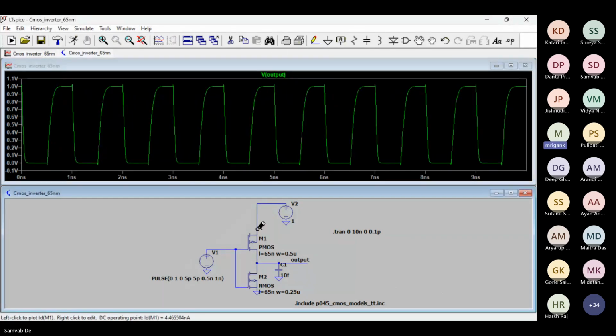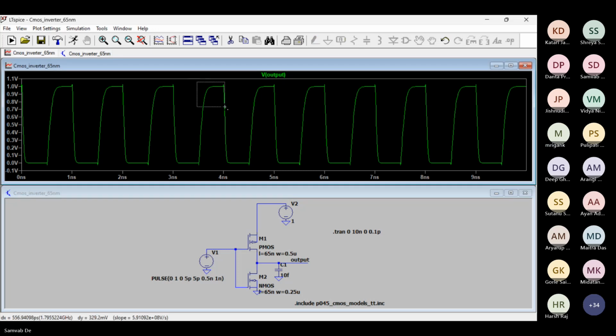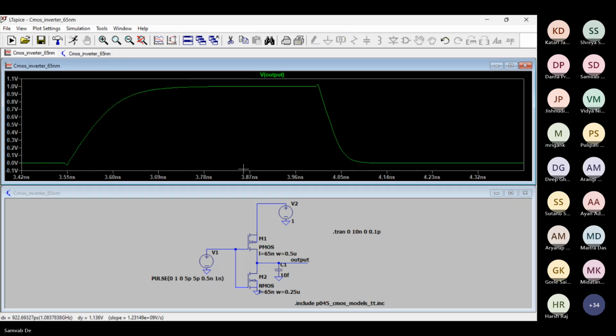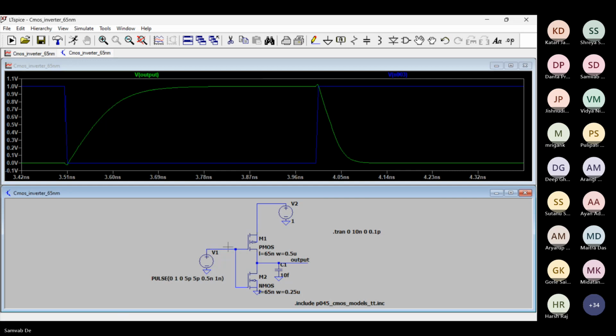So what is the difference? Is there any difference that you are seeing? Zoom into any one of them. Plot the input also. Any difference that you are seeing from the earlier case? Make the capacitor further higher.